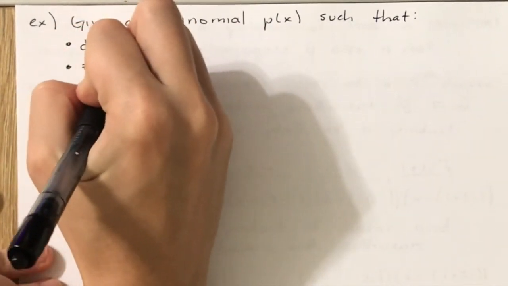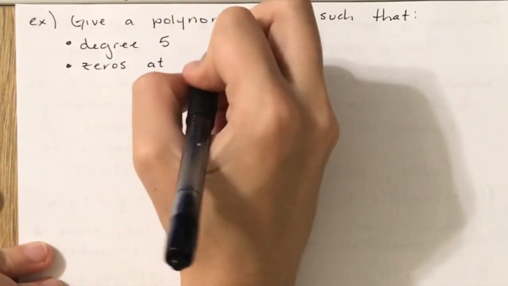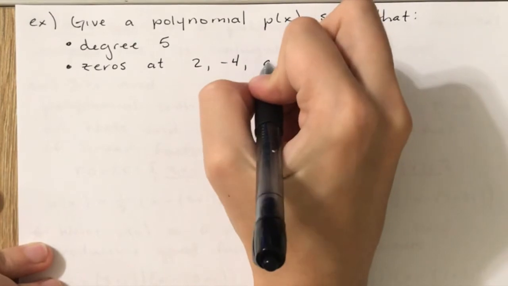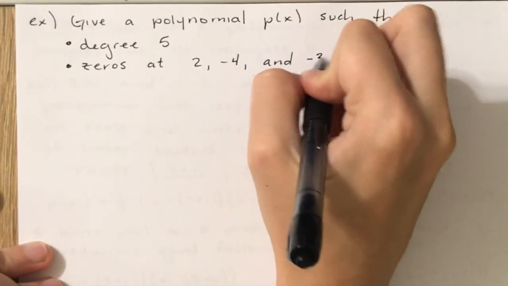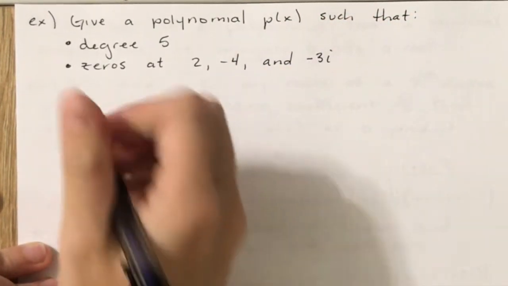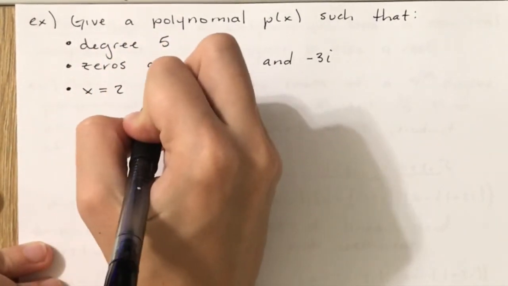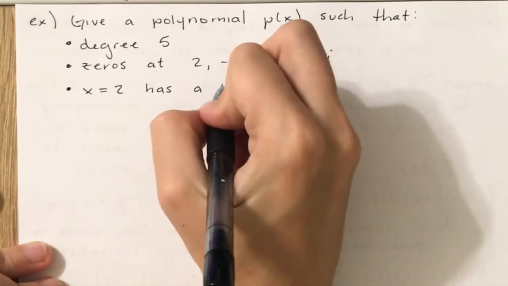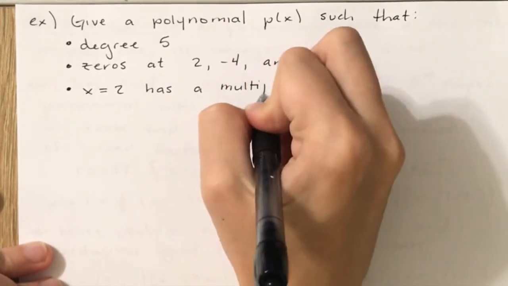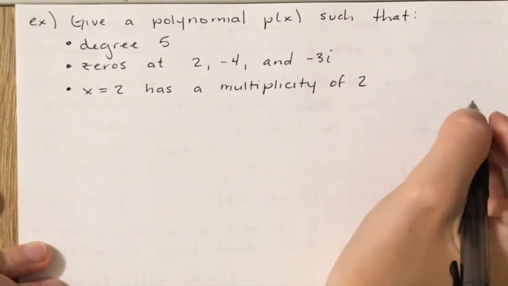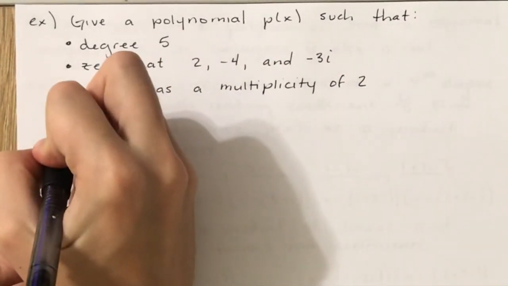We have zeros at 2, -4, and -3i. x equals 2 has a multiplicity of 2. And the leading coefficient is 4.